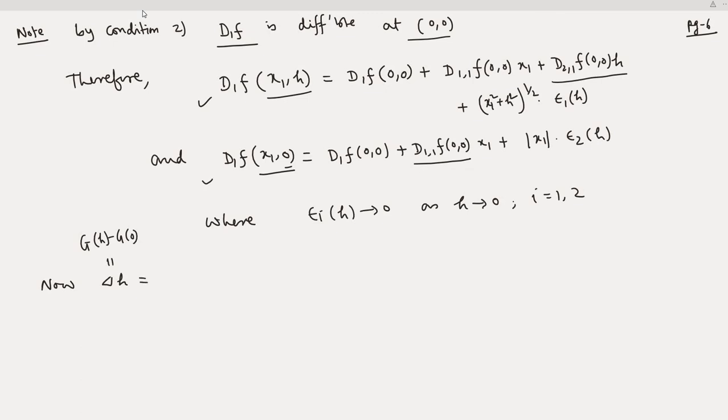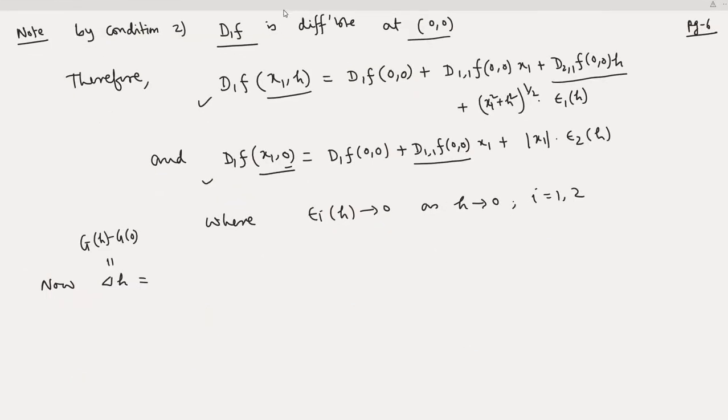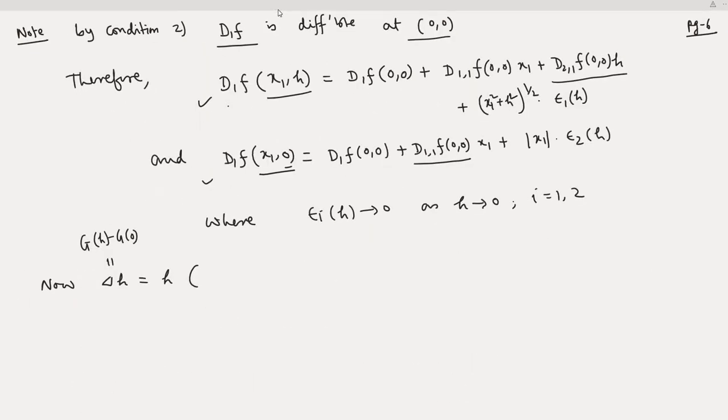So applying the mean value theorem, this is equal to h times g prime of x1, so h times the difference d1 f at (x1, h) minus d1 f at (x1, 0).